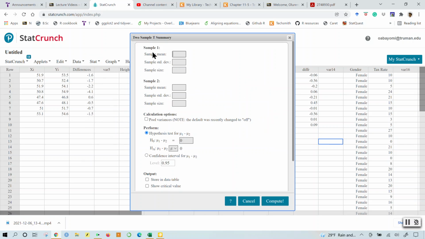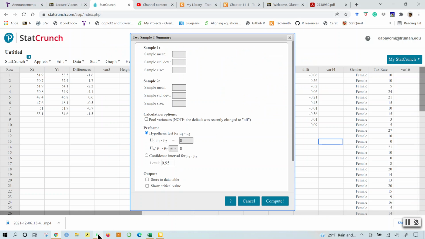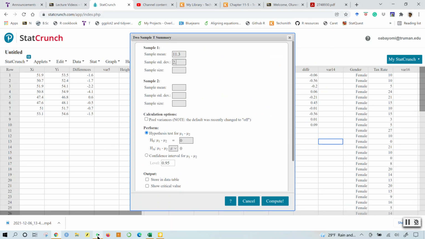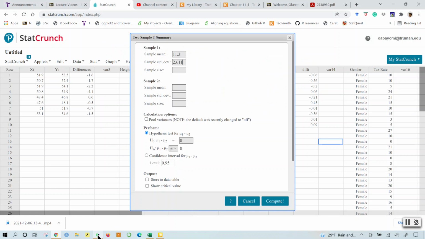So it's going to ask you for the sample mean for sample 1. Going back here, this is my sample 1 statistics. The sample mean is 11.3. So that's my X bar, 11.3. And then my sample standard deviation is 2.6. And the sample size for the first population is 11.